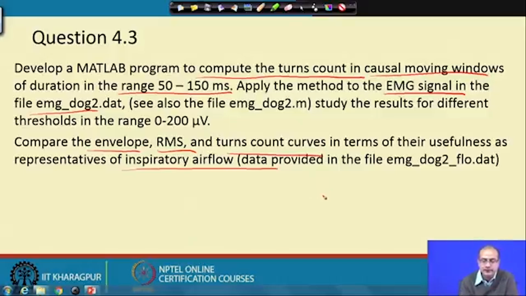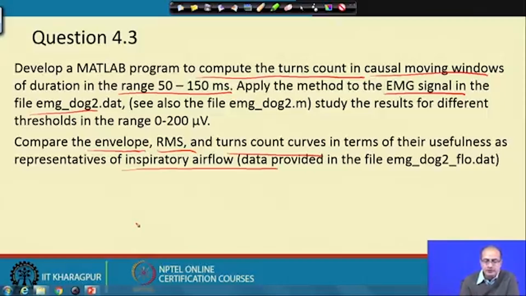First thing to note here is why the turns count is compared with the envelope or RMS. The envelope or the RMS give the amplitude of the signal. In the same way, turns count gives the frequency of it, or the number of times the muscle fibers are activated or engaged for the job.